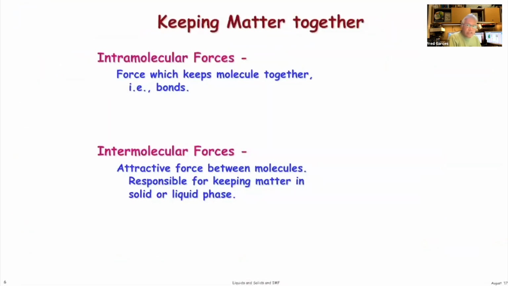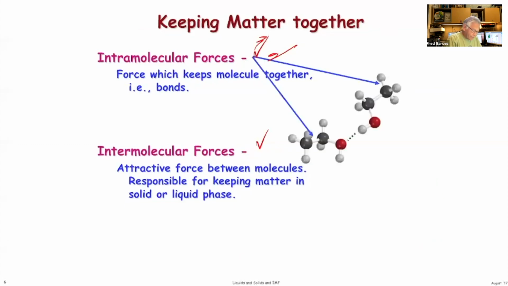And the reason why matter has different phases is because of intermolecular forces. The reason why you have different bonds and you have different compounds is because of intramolecular force. Okay, so what's the difference?